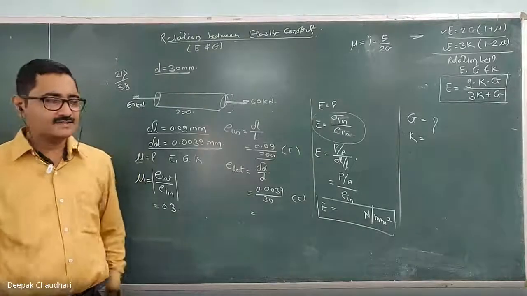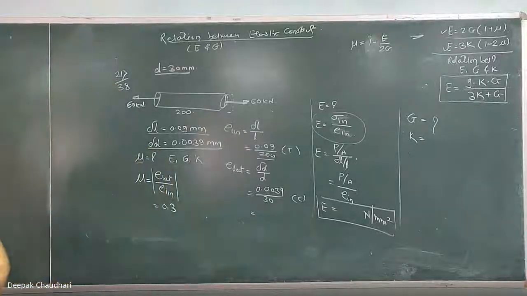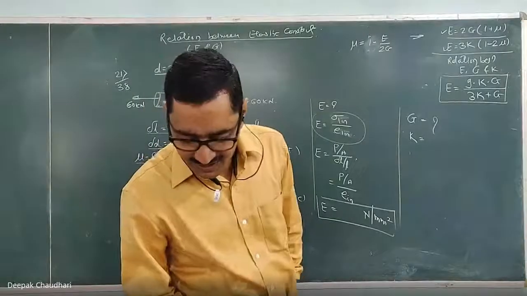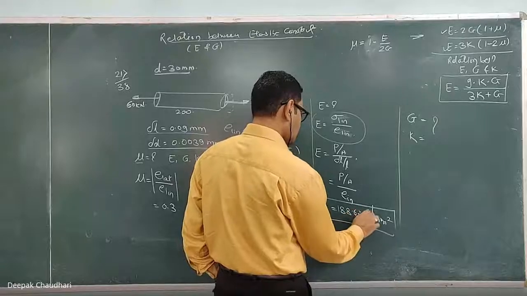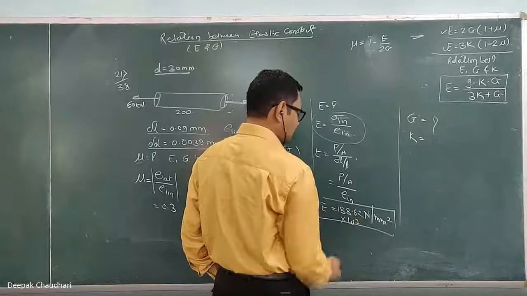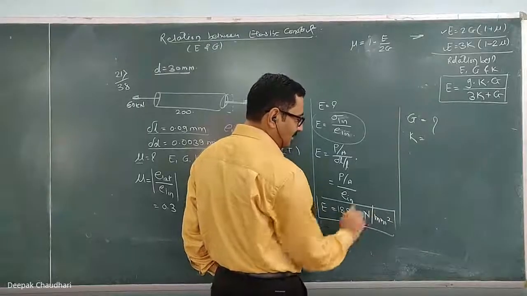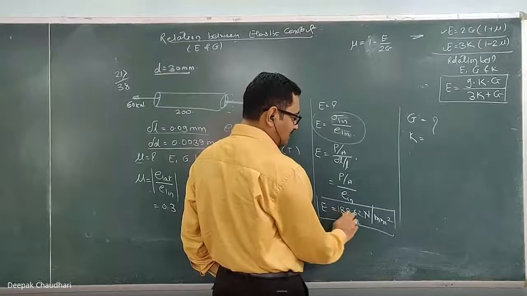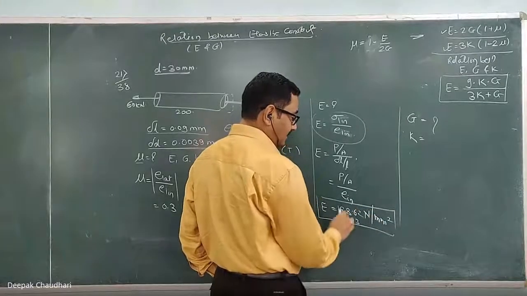Tell me the answers. Unmute yourself and tell me the answer. E is 188.62. Listen, either you write 10 raised to 3 Newton per millimeter square, or you write 188.62 kilonewton per millimeter square.